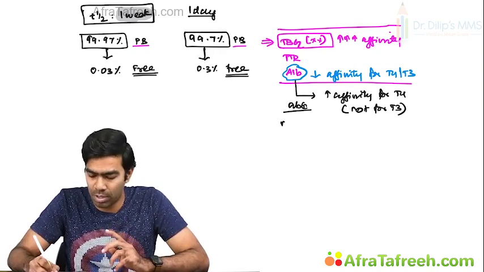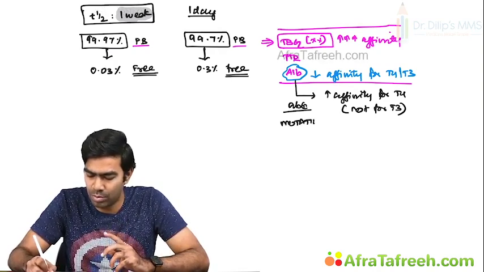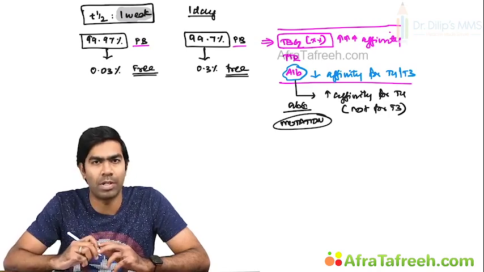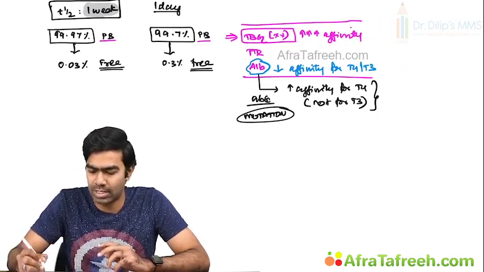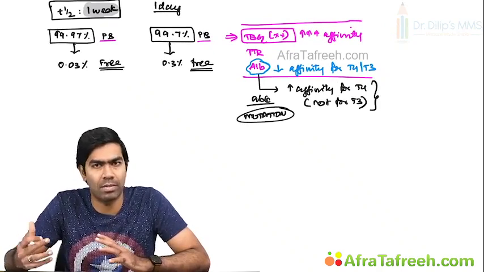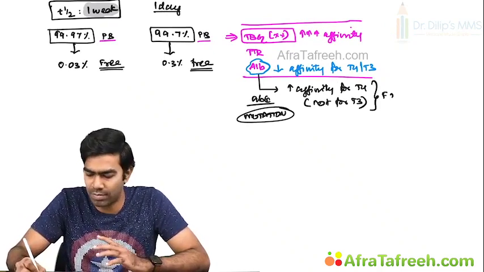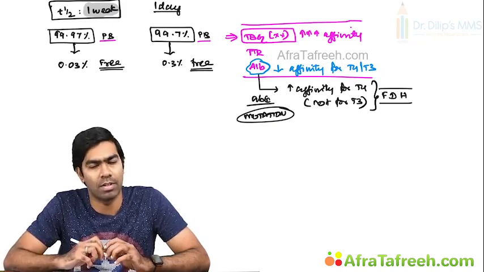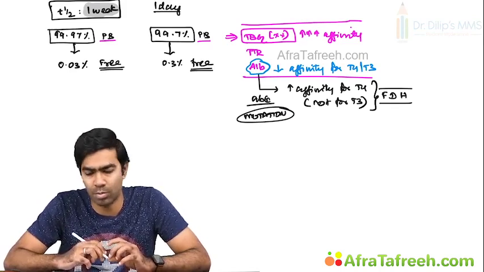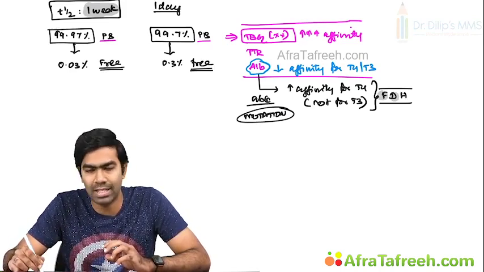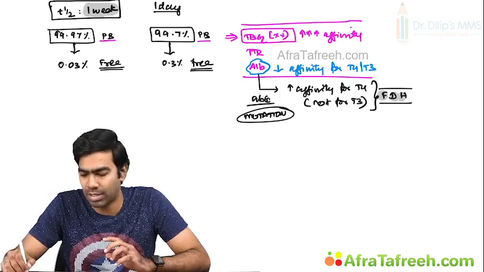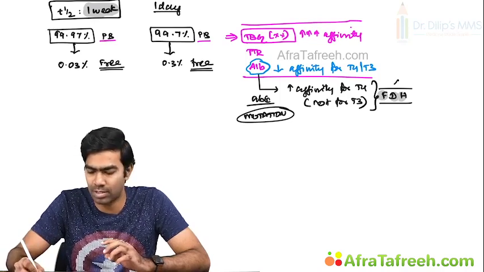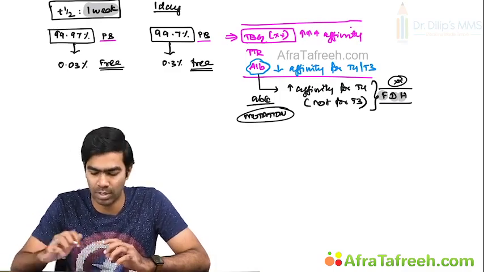This is due to a mutation in the albumin. This is seen in certain families near the Mediterranean region, and it is called familial dysalbuminemic hyperthyroxinemia. We'll be discussing that, so don't worry much about it. So this is the disease that we need to understand as well.